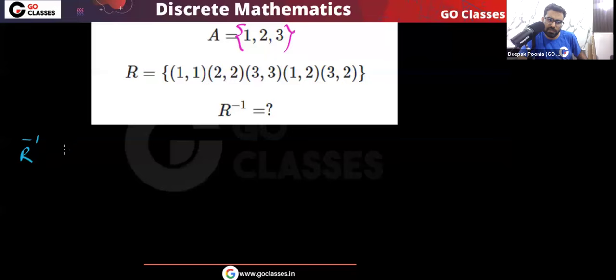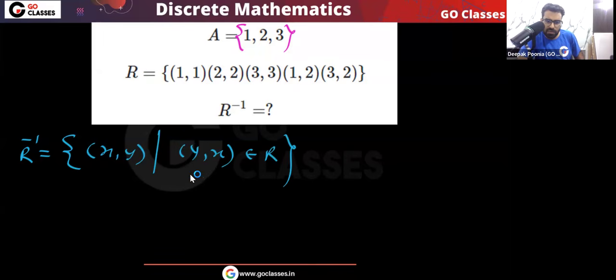R inverse means xy such that yx belongs to R. Means if the ordered pair yx belongs to R, then xy will belong to R inverse, because to find R inverse, we just swap the elements in all the ordered pairs of R. So for this question, you just swap the elements in all the ordered pairs. If I swap the elements in this ordered pair, then again I will get 1 1 only.